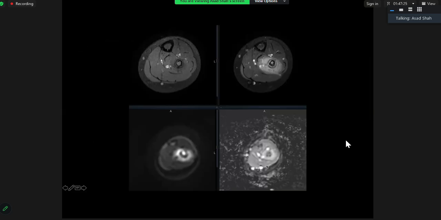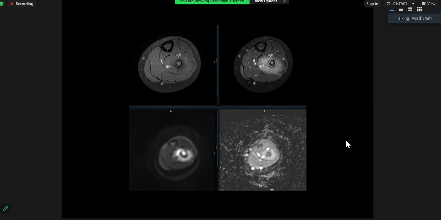But diffusion restriction, what does that imply? That it is highly cellular. Right. So which cellular things can you think of? Some malignancy. Which two malignancies would you be thinking about? I'm thinking of LCH, Langerhans cell histiocytosis, as the patient is a child.